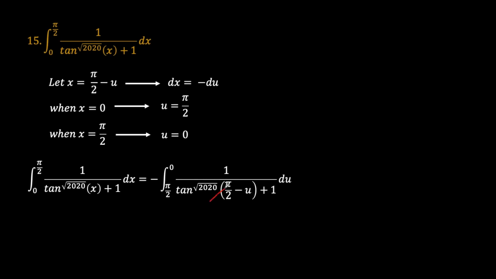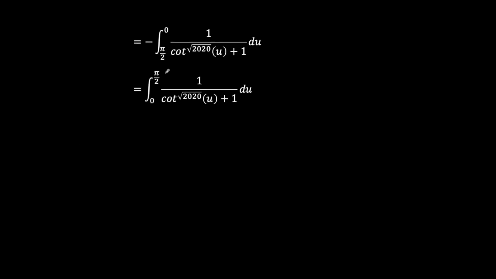Now, this becomes cotangent of u, right? The complementary function. And so we have the negative sign here, and so we can flip the limits to remove that negative sign.